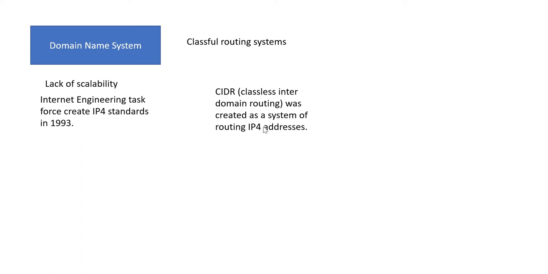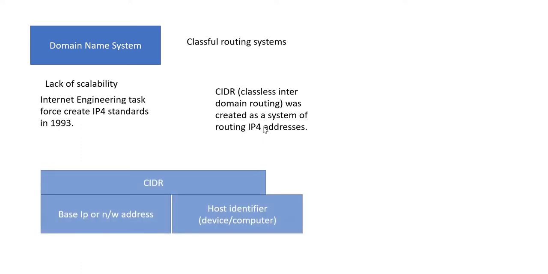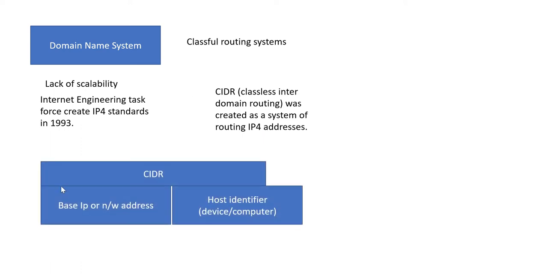Now let us understand what are the components of CIDR. CIDR has two components: the base IP and the host identifier, that is the device or computer. The base IP is a standard IP like 10.0.0.0, something of that sort. Consider your internet service provider.